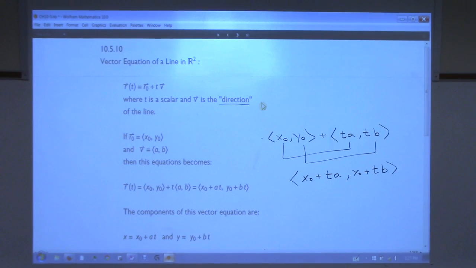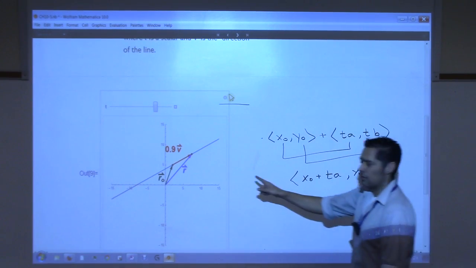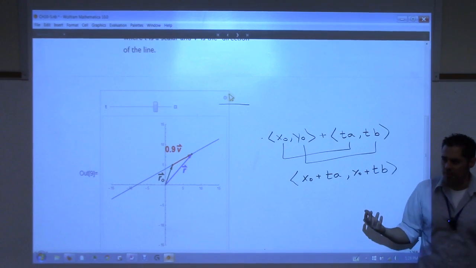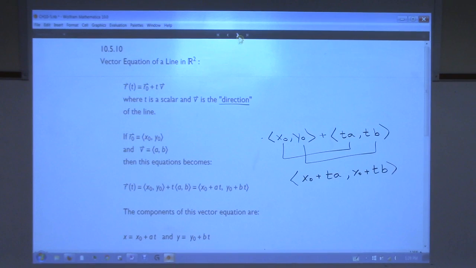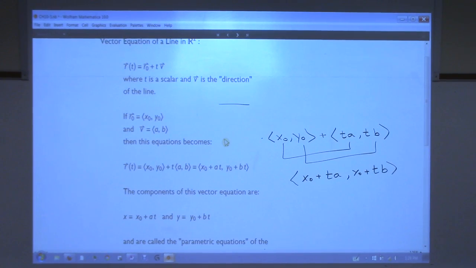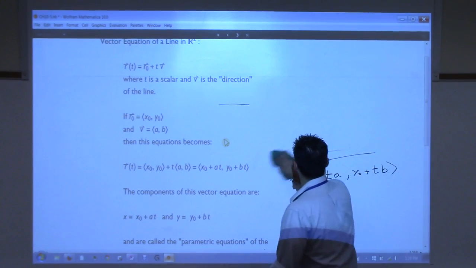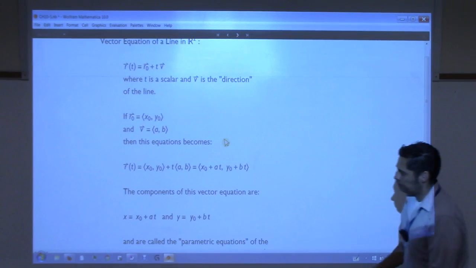Now, in our picture, be careful, make note that the direction of the line is this red vector. That vector might require some work for us to get. But that's the two things you need: a point on the line and a direction vector. You're going to hear me saying that over and over and over in this class, at least for the next day or two.